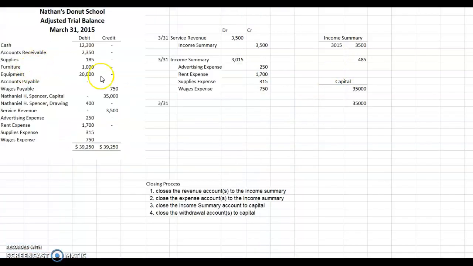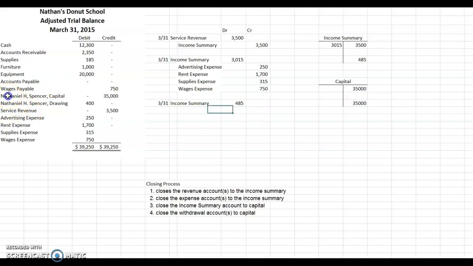So step number 3, close the income summary account to the capital account. So my income summary, we were calculating our balance as we go along, is $485. Now that is a $485 credit. So to close it out, I am going to debit it.